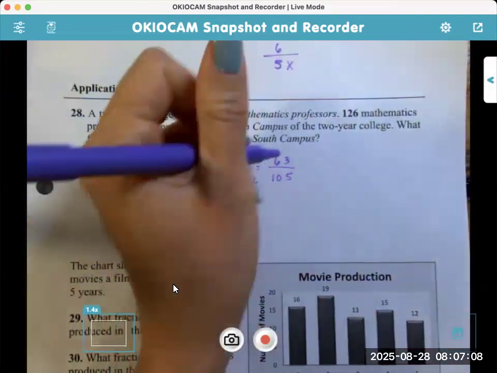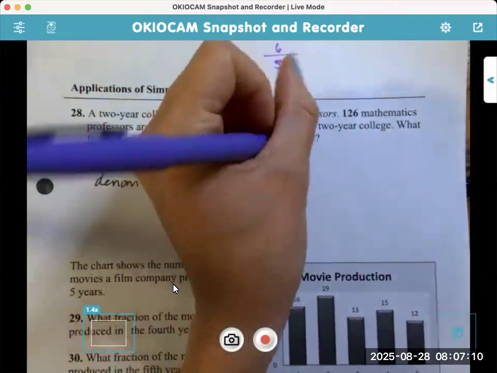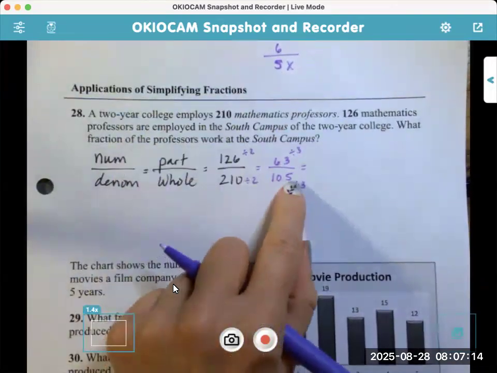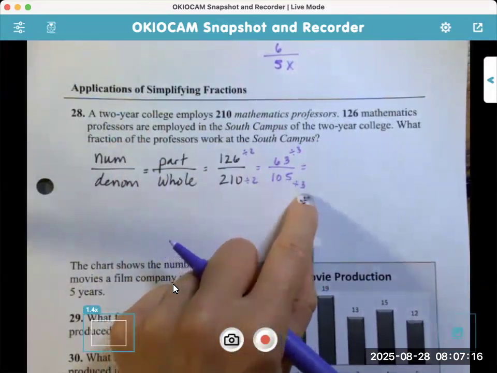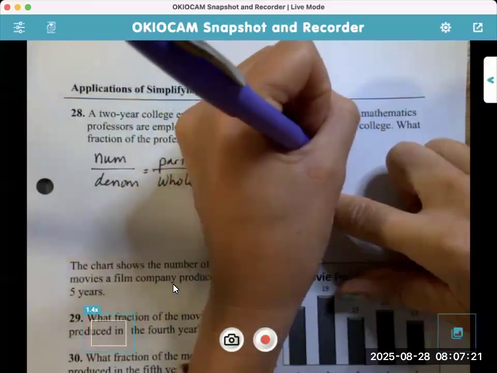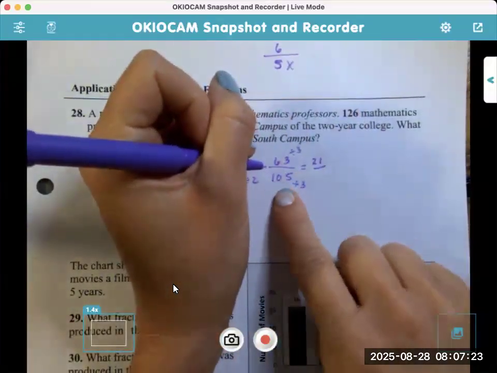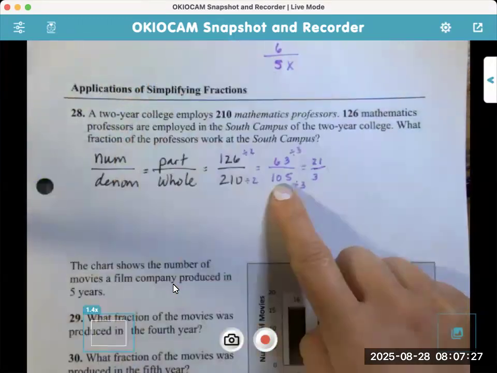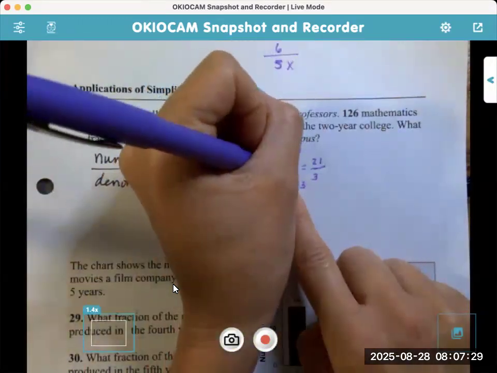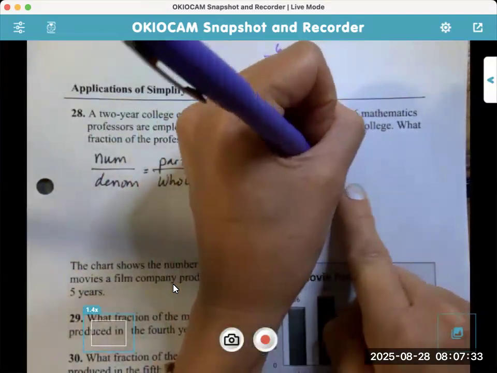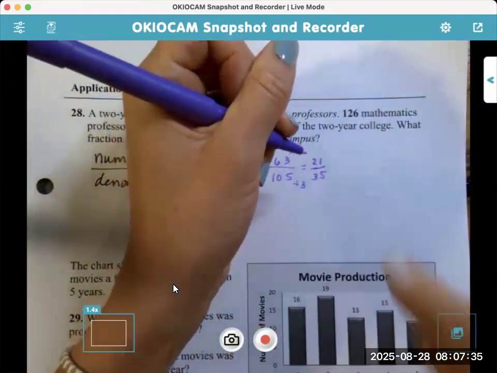63 over 105, let's see. I know 3 can go into it. Divide by 3. Remember our divisibility rules. 1 plus 5 is 6, so I know 3 goes into it. 63 divided by 3 is 21, and 105 divided by 3 is 35.